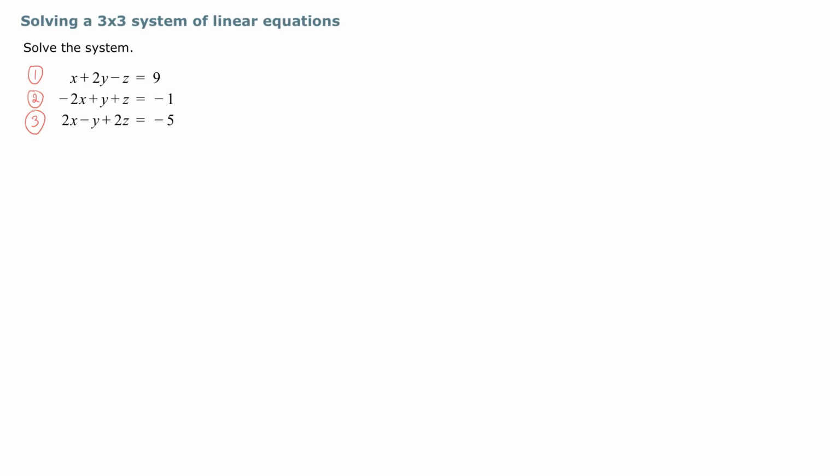Let's look at some of these equations here. And I'm actually going to switch positions for equations 3 and 1. So the first thing I'm going to do is switch 3 and 1 so that I get a 2x minus y plus 2z is equal to -5.